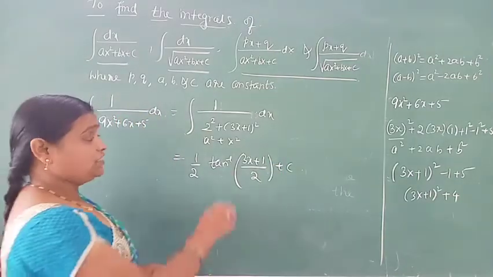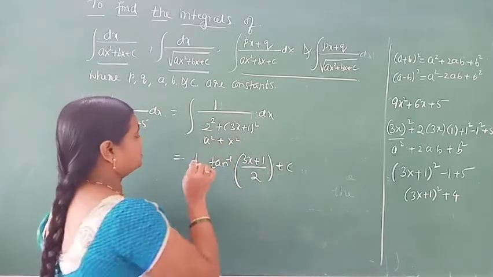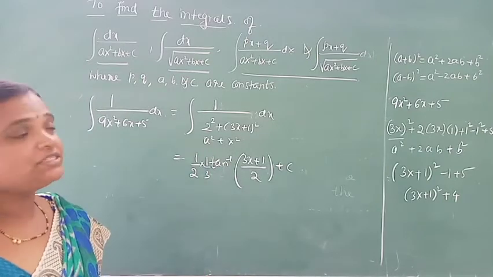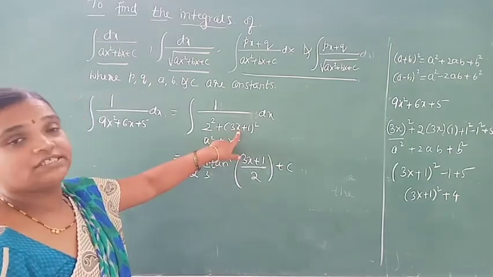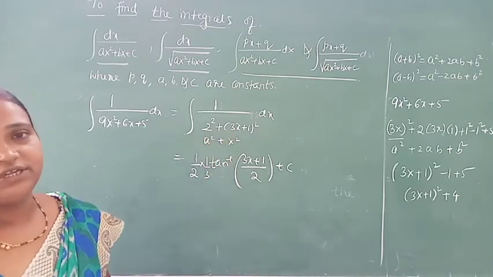Why? See, if x is multiplied by some constant, that constant we always take in the denominator. Already I explained this by solving examples in the form of ax plus b. Whatever x is multiplied by a constant, that constant we take in the denominator.